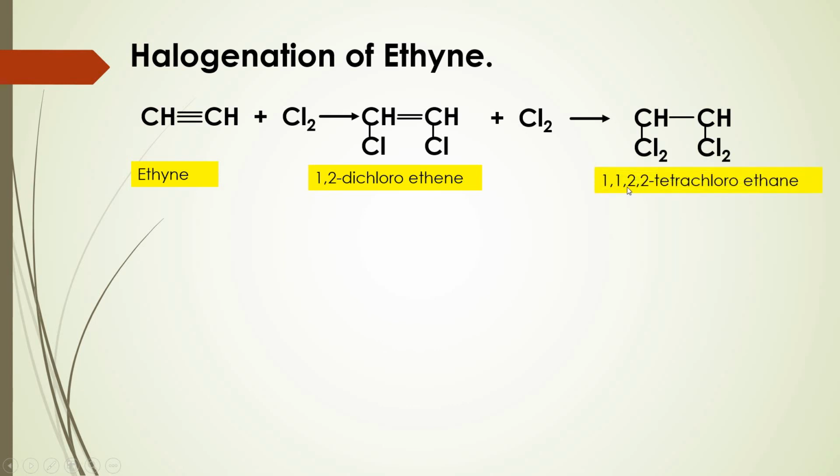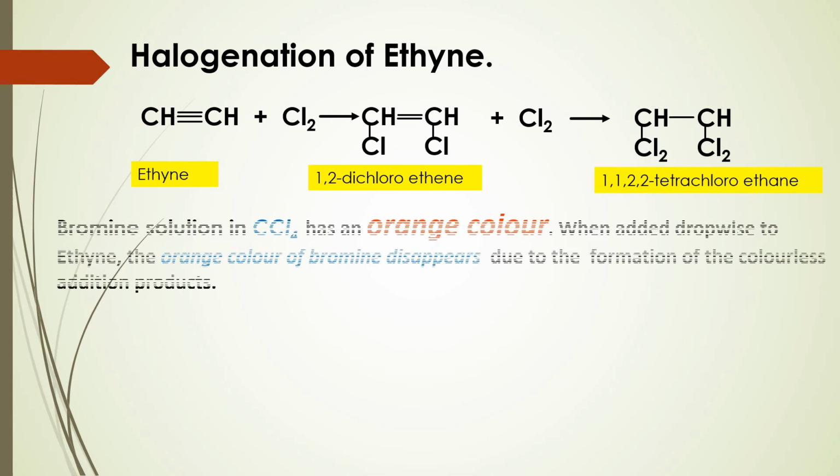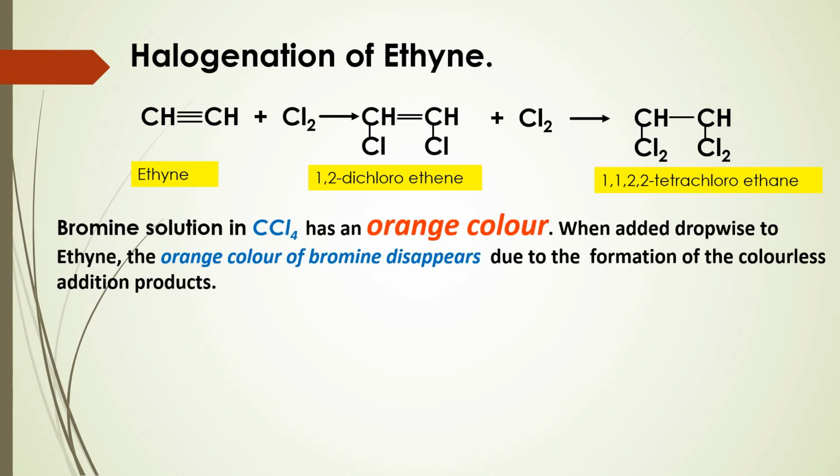So the name of the compound will be 1,1 because two chlorine atoms get attached to the first carbon and two chlorine atoms also get attached to the second carbon atom. So the IUPAC name will be 1,1,2,2-tetrachloroethane.